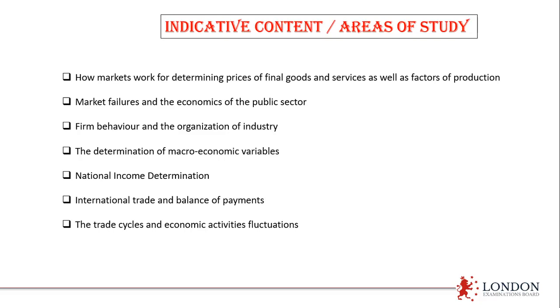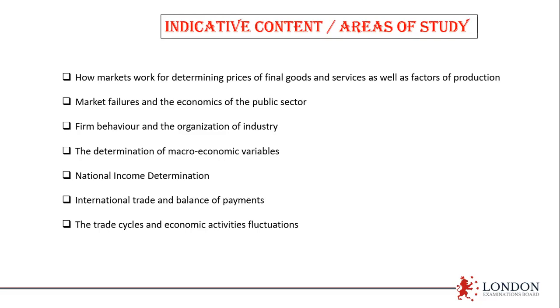The last topic you're going to cover is the trade cycle and economic activity fluctuations, whereby you will see aggregate demand and aggregate supply, equilibrium output, all these things. You're going to learn all this in this topic. Business cycles are a type of fluctuation found in the aggregate economic activity of a nation, so it's countrywide.